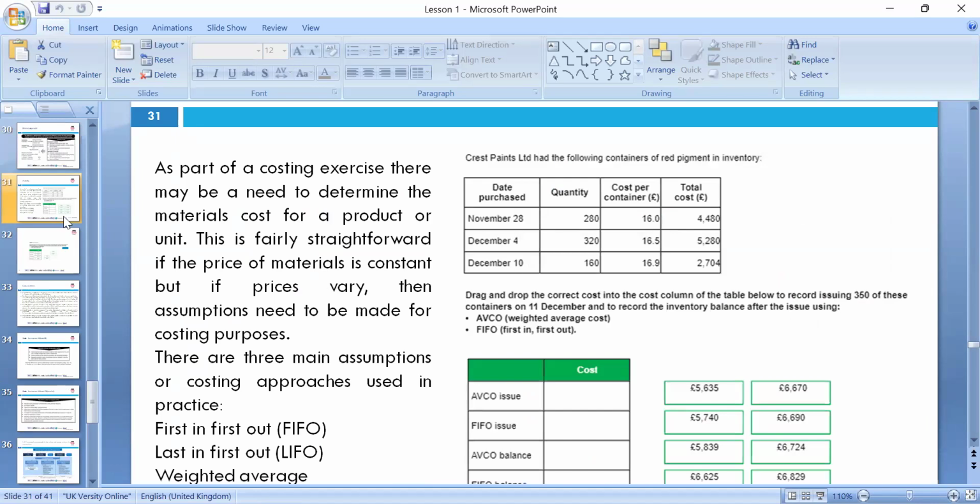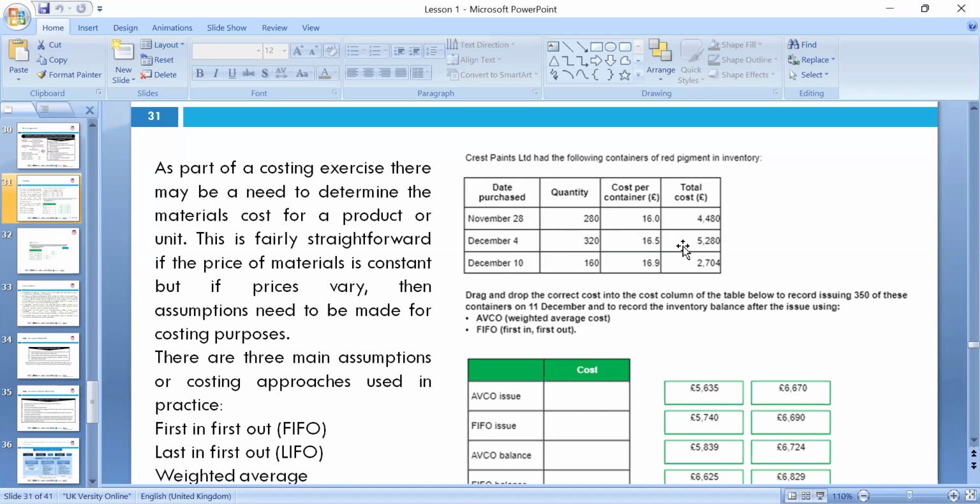Let's look at this. Another method we use, because these are all the costing methods we are discussing, is first in, first out. These are inventory valuation methods. This is our inventory cost card. We purchased units on the 28th of November and December, with the quantity and the price per unit paid, and the total cost.